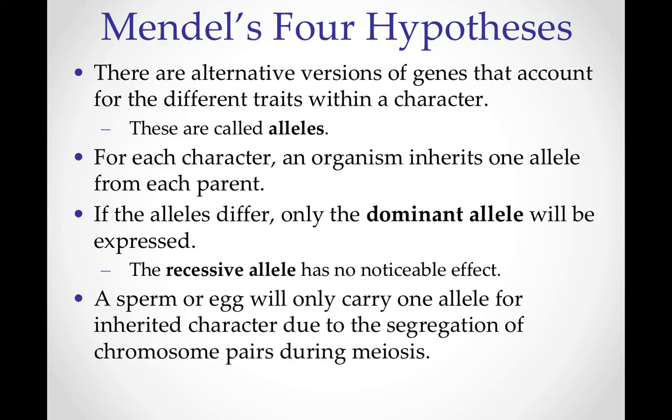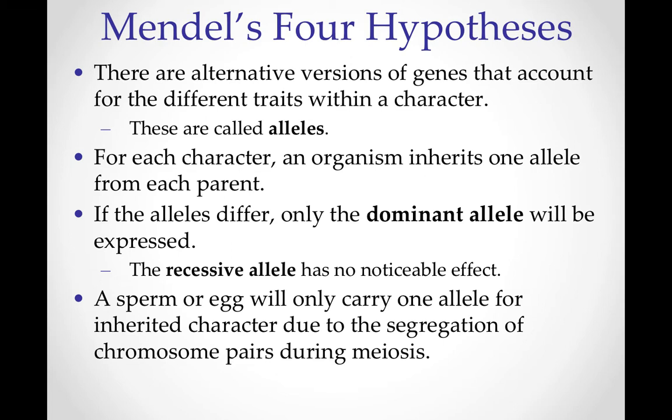A sperm or egg will only carry one allele for an inherited character due to the segregation of the chromosome pairs during meiosis. Now, that one gets a little more complicated there. Okay, so a sperm or egg will only carry one allele. So the sperm carries one, the egg carries one.